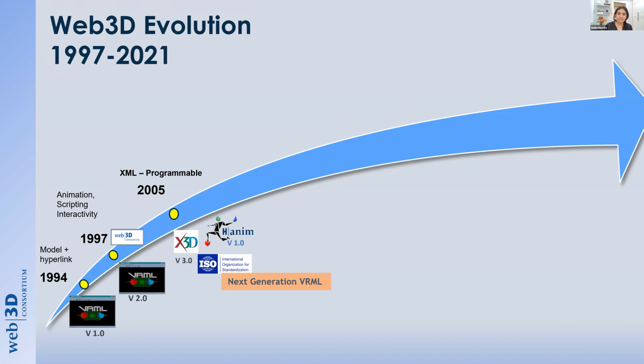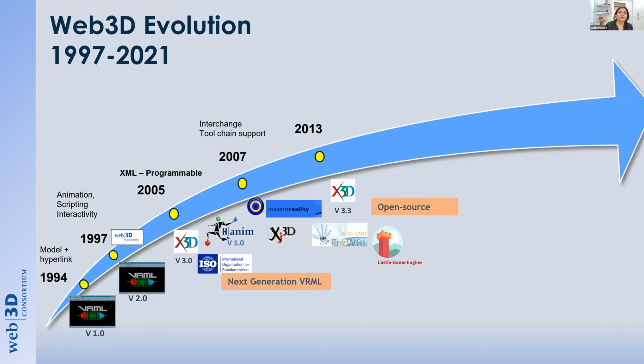It was XML based. It was the next generation VRML. In the next few years, there were several open source implementations. These were all standalone implementations because the web was not ready for us to provide X3D without a plugin.